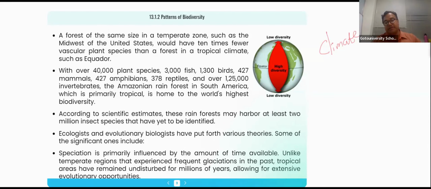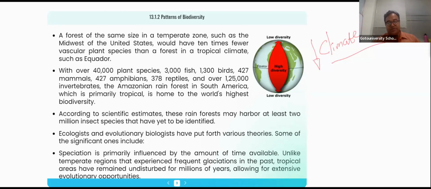Again, I'm repeating: climate change is less in the Amazon forest area. I did not say climate change is not there; I said climate change is less. So in this area, the species population is growing to the maximum level, right? That is a message we need to understand.